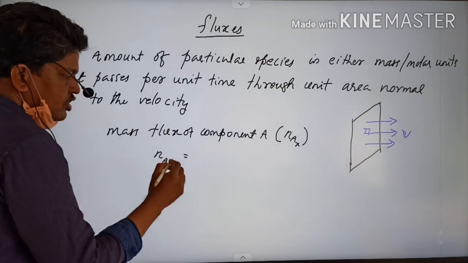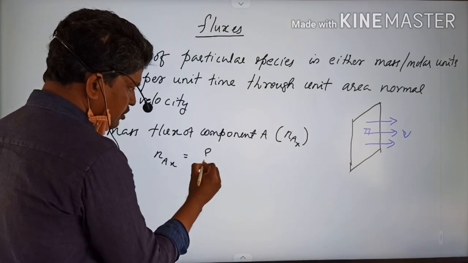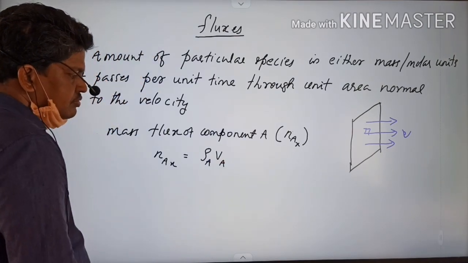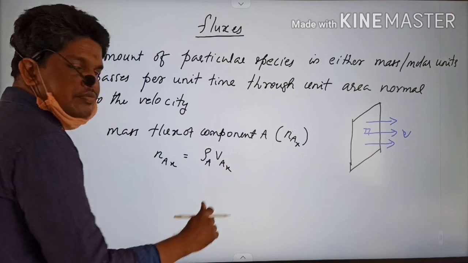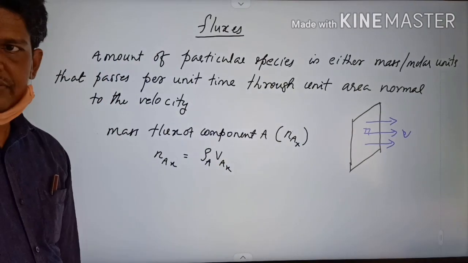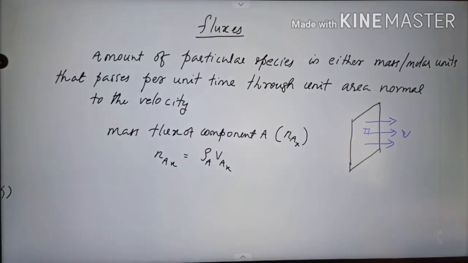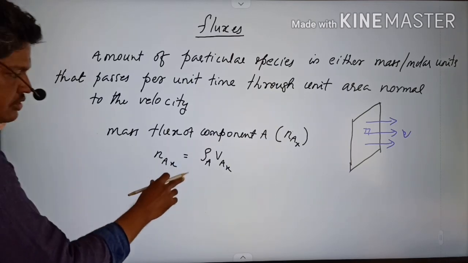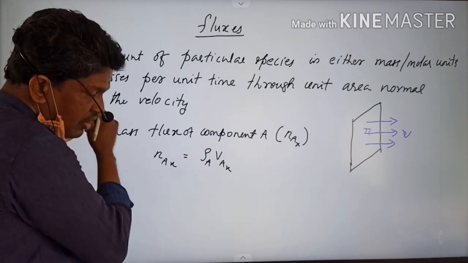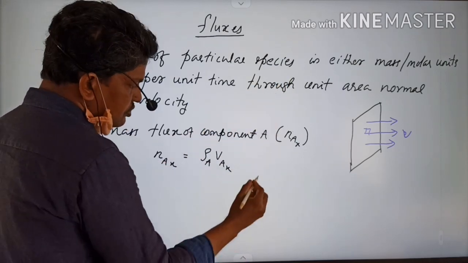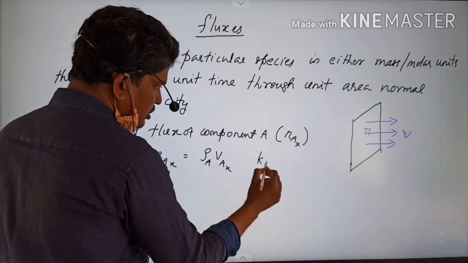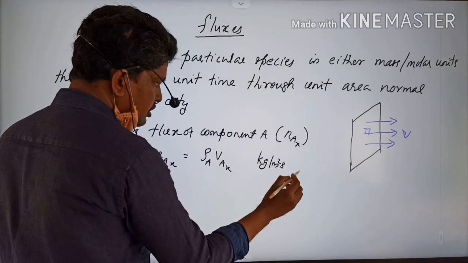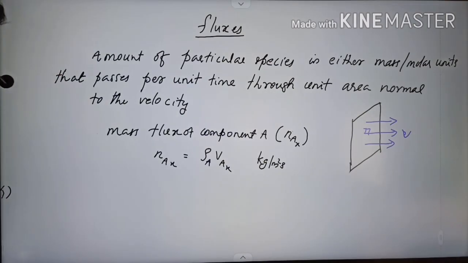So we get mass flux is equal to rho A into VAx. Its unit is mass flow rate per unit area, so the unit is on a mass basis: kilogram per meter square second.